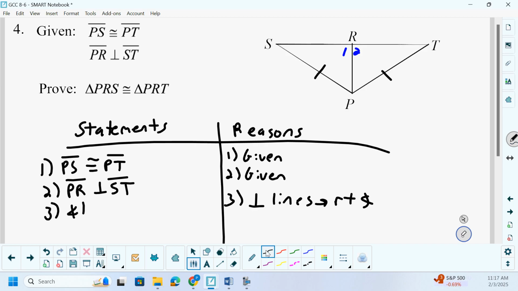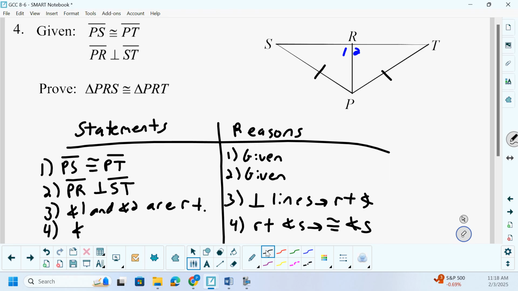So we'll have angle 1 and angle 2 are right. And then we're going to automatically do right angles implies congruent angles. So we'll say angle 1 is congruent to angle 2. When we mark them congruent, we're going to put the box in.